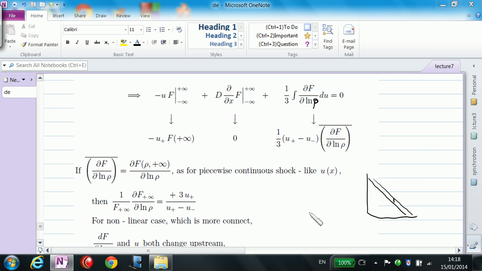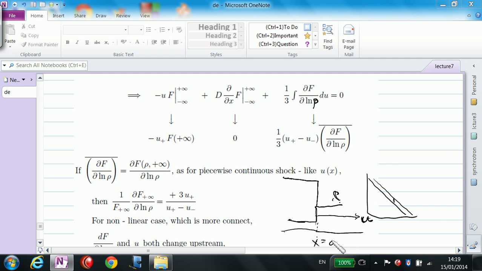Plus is downstream, yeah. In other words, shocks are drawn like this. The density looks like this, and the velocity looks like this. Sorry, it would be u, since it's the fluid velocity. This is density. So this is the shock.